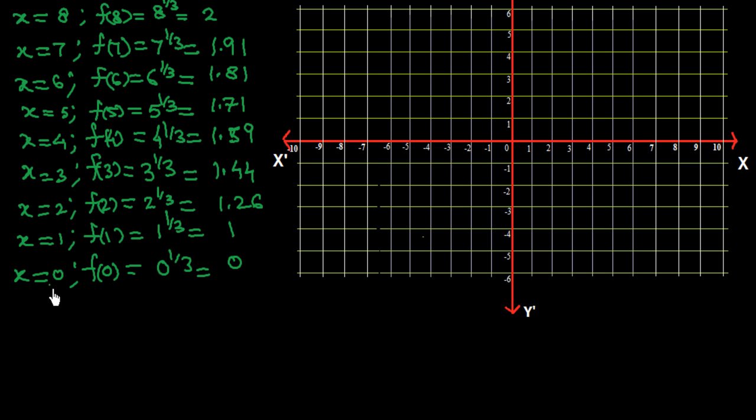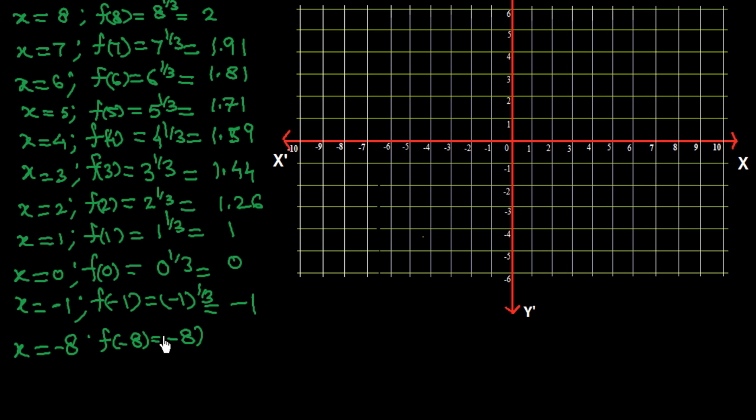Now if we take any negative number, x is equal to minus 1, we get f of minus 1 is minus 1 to the power 1/3, which is minus 1. If we take x is equal to minus 8, then f of minus 8 is minus 8 to the power 1/3, which is equal to minus 2. So if we put x negative, we get f of x also negative.